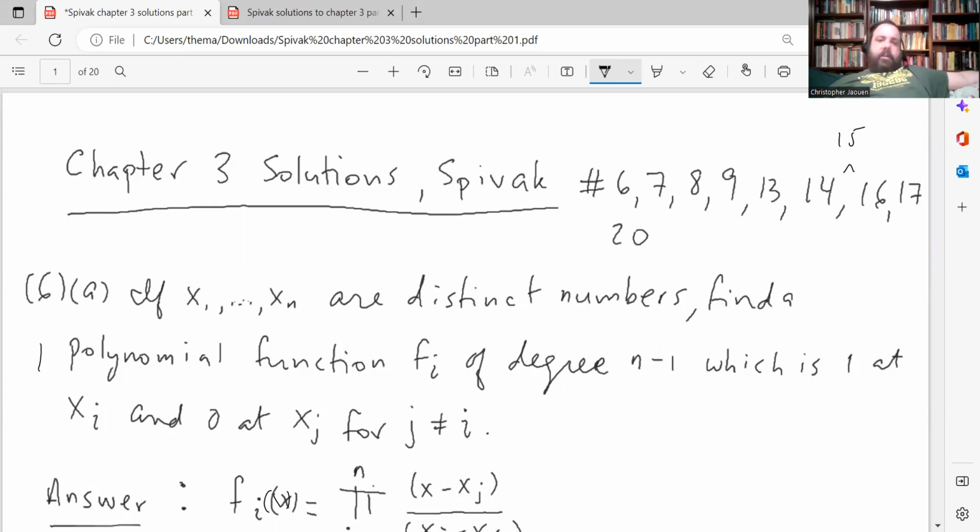So these are the problems that I chose to do for chapter 3 in Spivak. In the chapter itself, he doesn't mention which problems you should do in the exercises, so I just chose ones that either looked important to me or looked interesting.